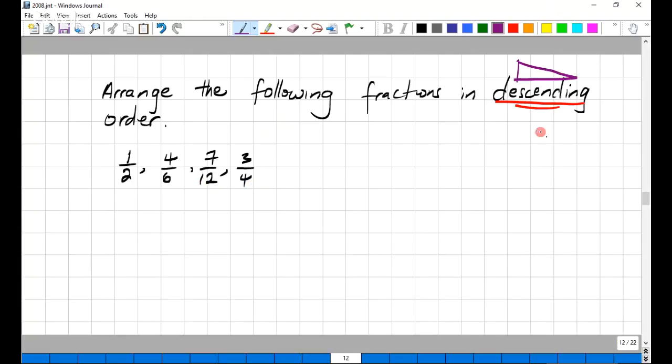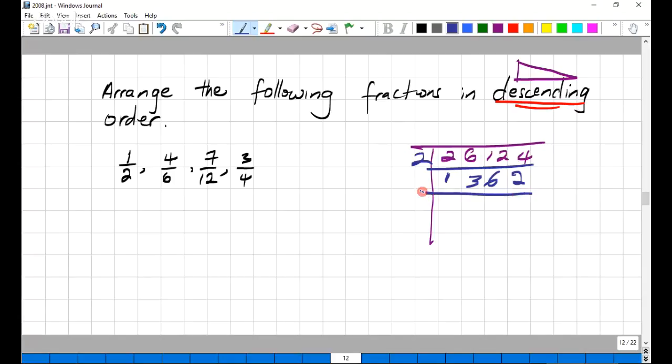12. Let's see if we could do that by prime factorization for those of us who might not remember. What number do I start with? 2. 2 can go into 2 one time. 2 into 6, 3 times. 2 into 12, 6 times. 2 into 4, 2 times.